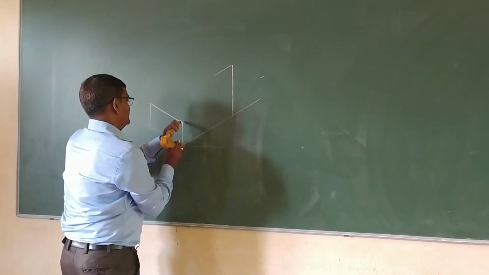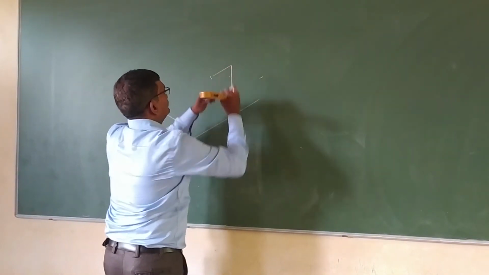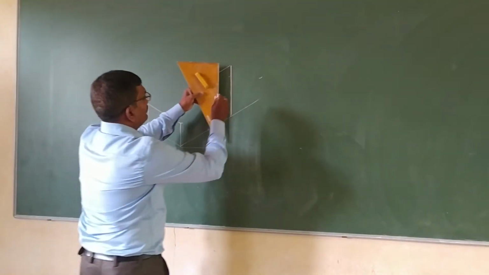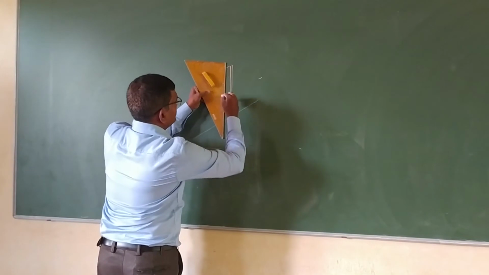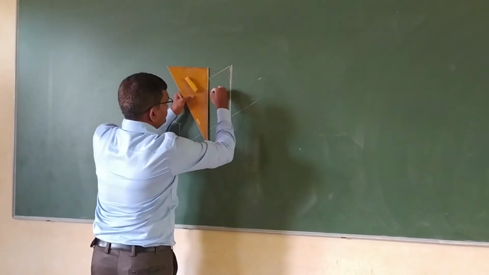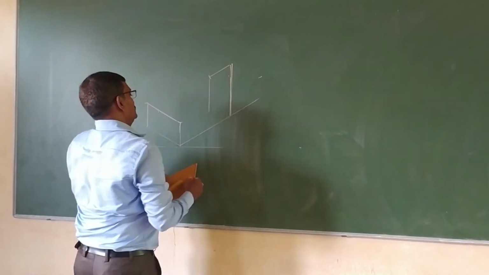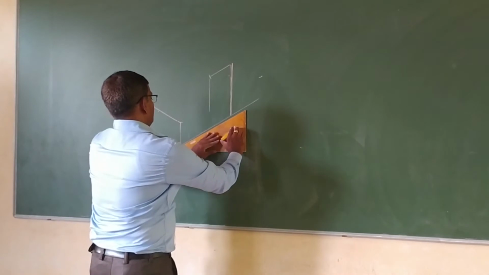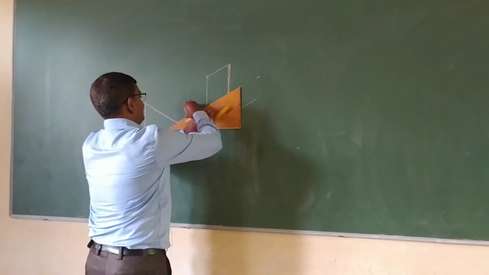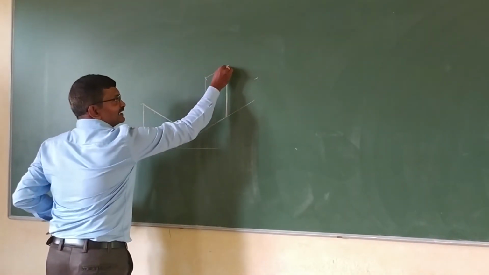Mark 20. Then draw one vertical line from that point, and join this line to the 30-degree angle. This angle and this angle are the same.